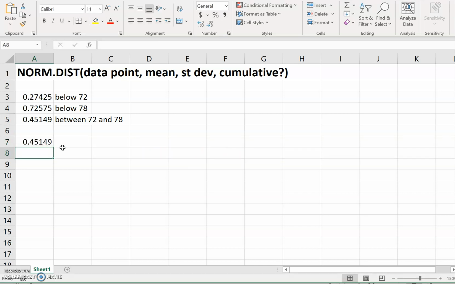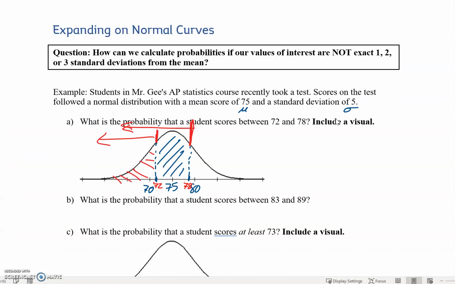So if you want to see it in multiple steps, that's fine. If you want to do it in one fell swoop, that is also fine. So we end up getting 0.451. Let's say we just want to go to 3 decimal places. And in general, that's probably going to be enough. Right, of course, we know that we could write this as a percentage, 45.1%. But Excel is going to give this to us as a decimal, so we might as well just leave it that way.